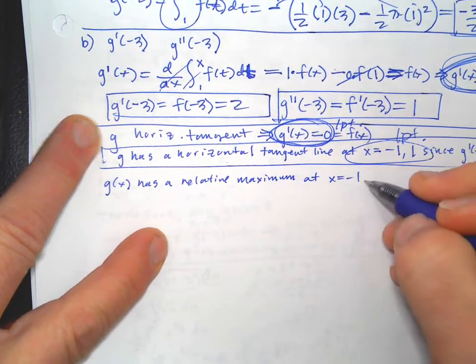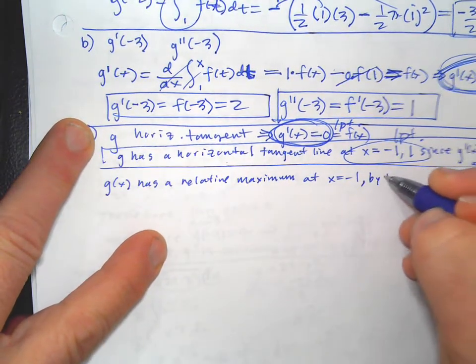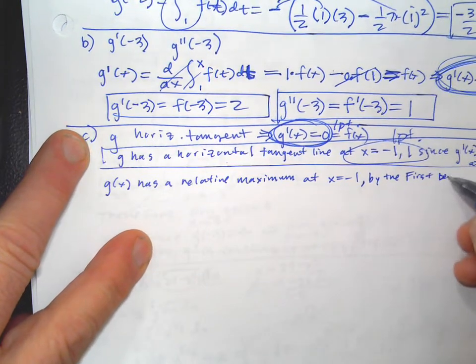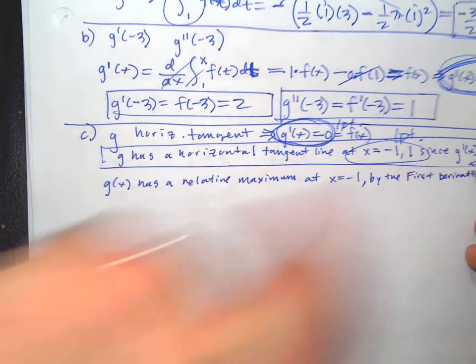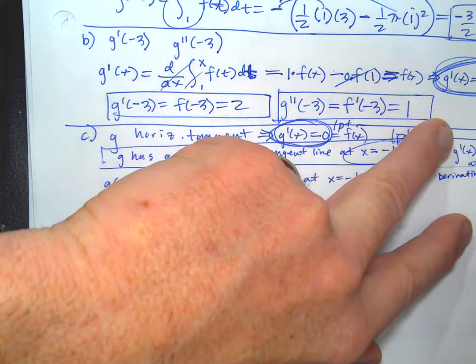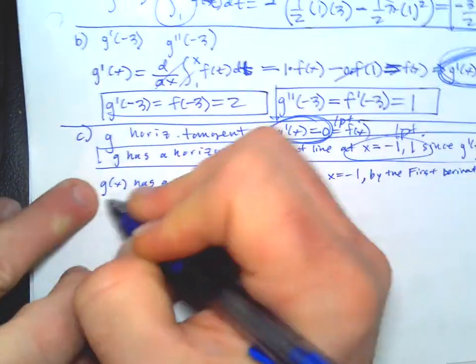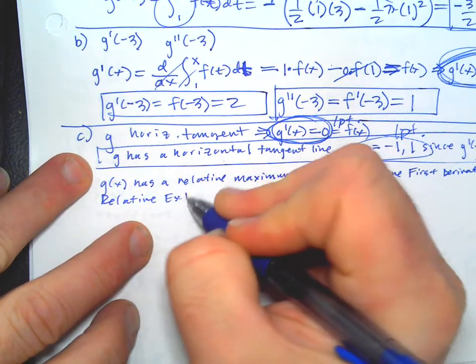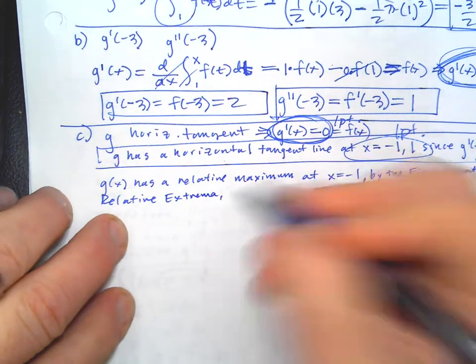Okay, why? By the first derivative test for relative extrema. Cool. I'll explain how that works. Okay.